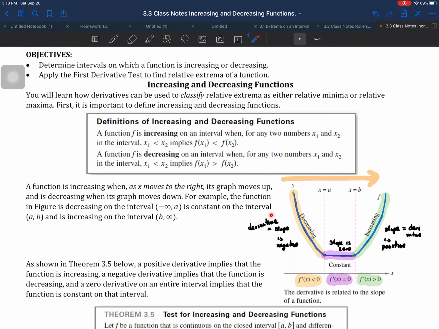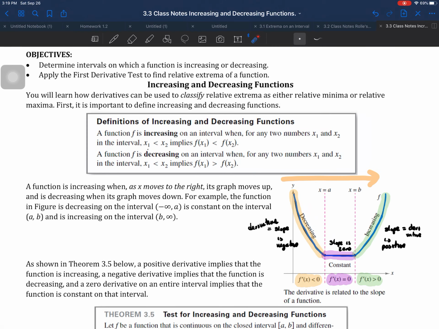Therefore, the derivative is negative. When the function is increasing, the slope is positive. Slope equals derivative, so the derivative in this case is positive. When the function is constant, the slope is 0, and so the derivative is 0.